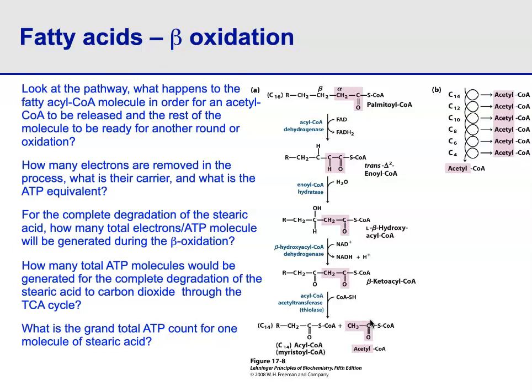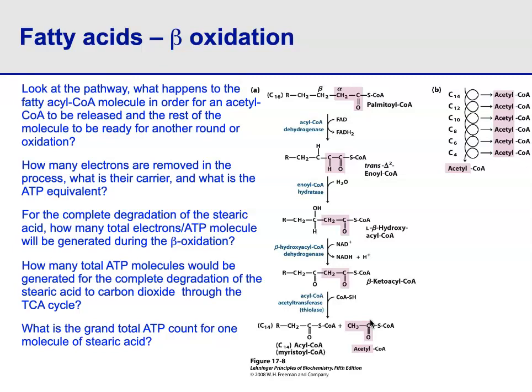Well, if you remember from last chapter, each TCA cycle generates 3 NADH, 1 FADH2, and 1 molecule of ATP. So 3 molecules of NADH, that's equivalent to 7.5 ATP molecules, because each electron pair carried by NADH will lead to the generation of 2.5 molecules of ATP.